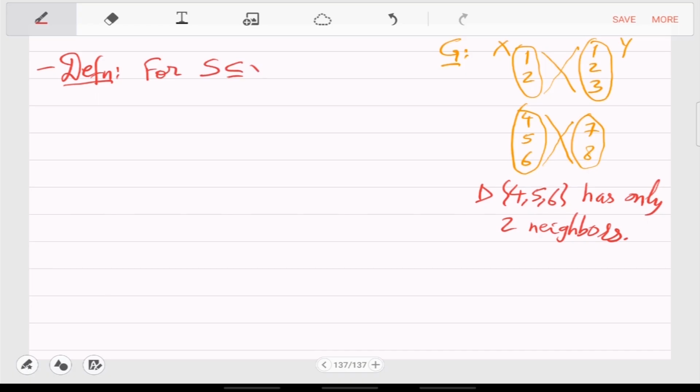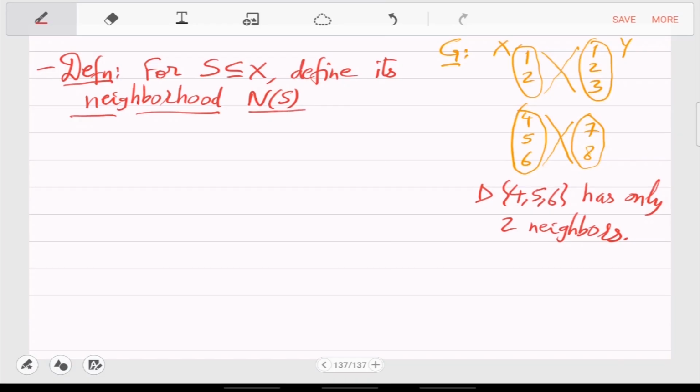For a subset S of X, define its neighborhood N(S) as those vertices in Y such that there exists a vertex in S which is a neighbor.